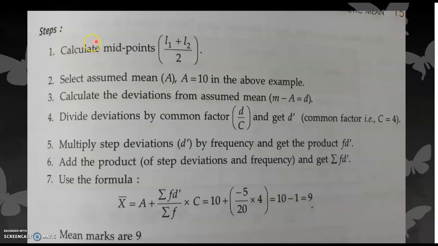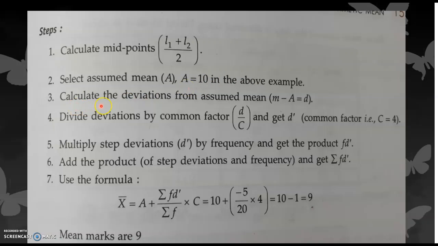Children, these are the steps to calculate the arithmetic mean through the step deviation method. First, we have to calculate the midpoints by using the formula L1 plus L2 divided by 2. Then select assumed mean A. Here in this example, we select 10 as assumed mean.